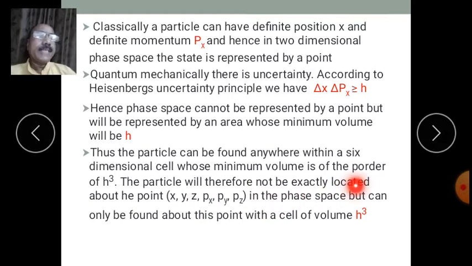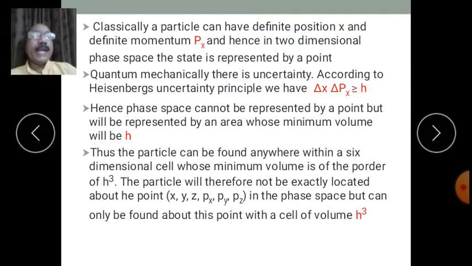We cannot exactly locate that point, but we can specify its position. The particle will therefore not be exactly located about the point x, y, z, px, py and pz in the phase space, but can only be found about this point within a cell of volume h cube.